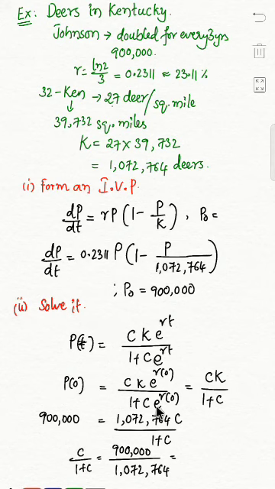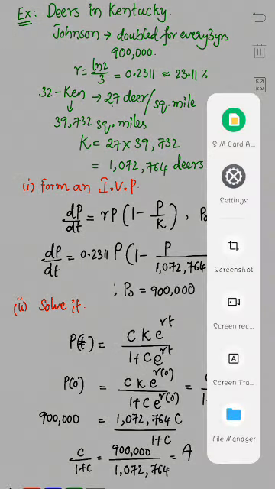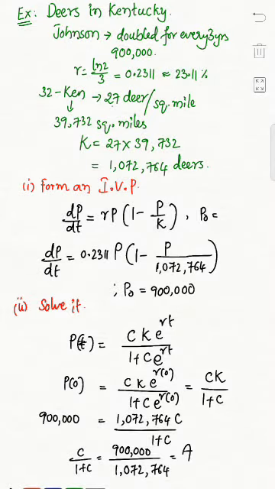Okay, suppose this is some constant capital A. How do you find the c? c by 1 plus c is capital A, so c is equal to A into 1 plus c, which is nothing but a plus ac.